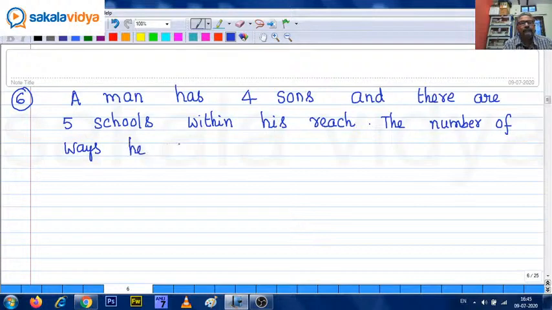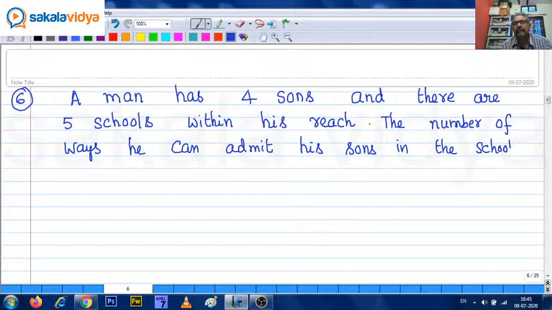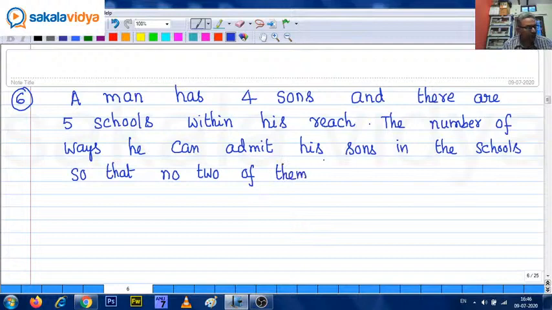The number of ways he can admit his sons in the schools so that no two of them will be in the same school is?